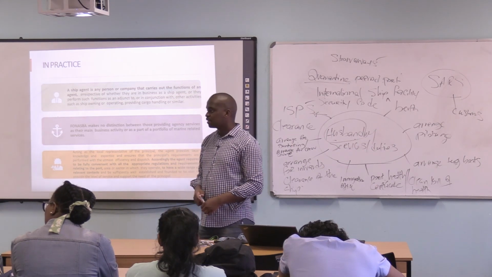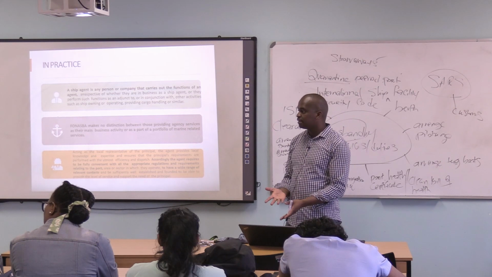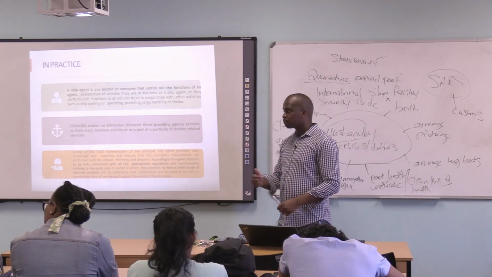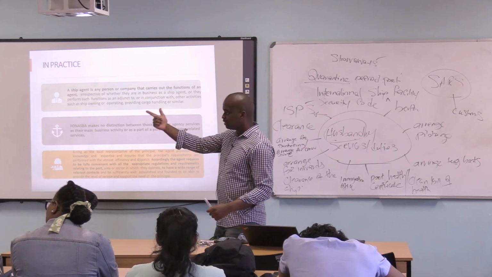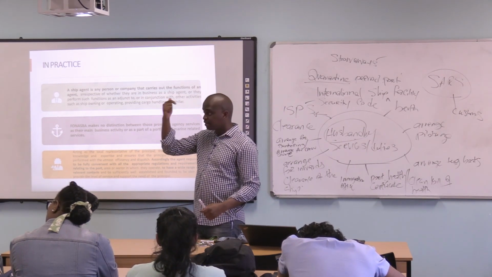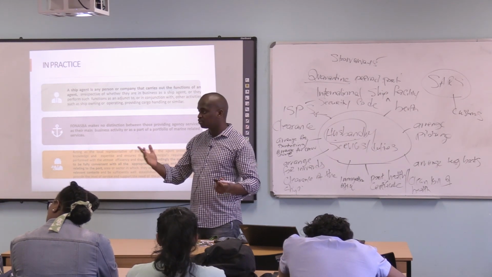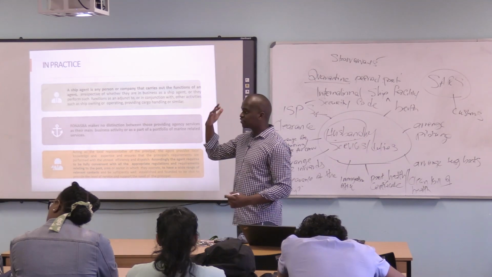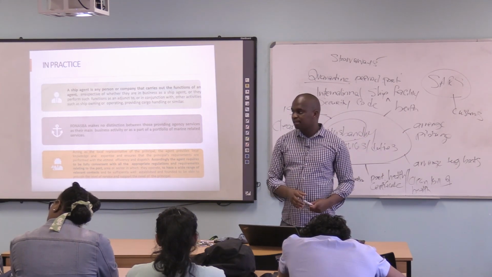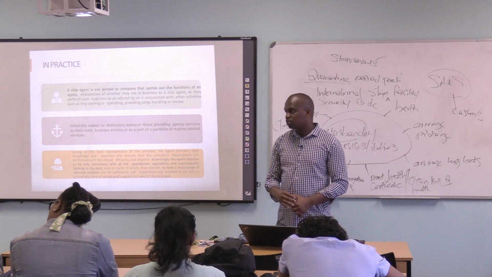So your duty as a ship agent would be to make sure that his flights are booked for him to fly back home. If he needs to stay in a hotel before his flights, he's going to have to arrange transport to take him to the hotel and ultimately to the port for him to fly home. As an agent, we are going to arrange that as a ship agent. So that's one of the duties that are performed by the ship agent.